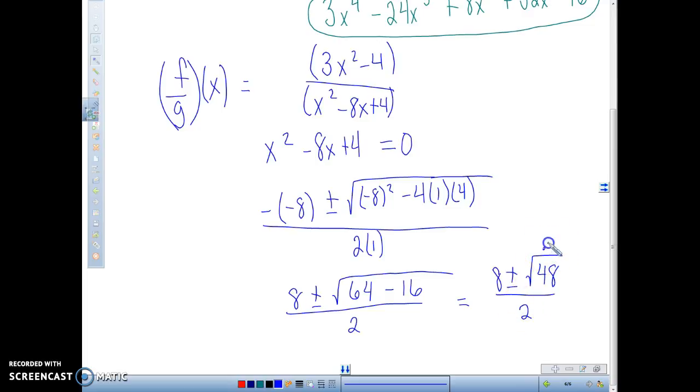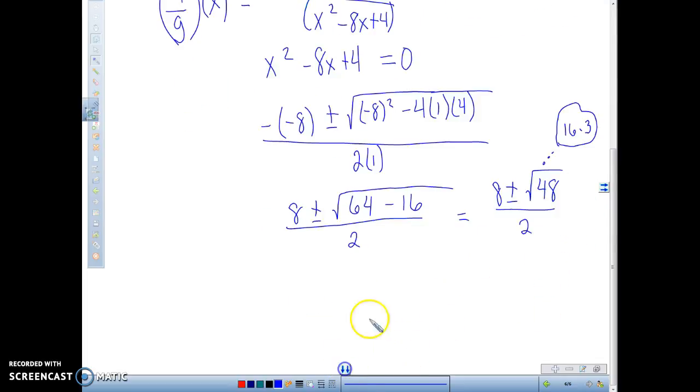Now 48, if you think about your square root column, is 16 times 3. The square root of 16 is 4. So we have 8 plus or minus 4 square root 3 over 2.